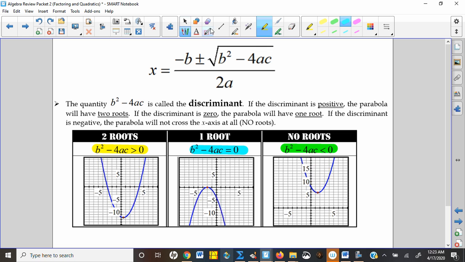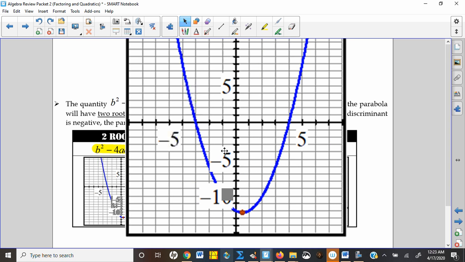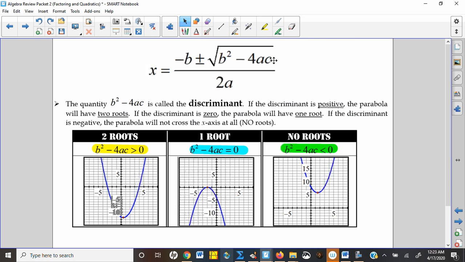Okay, so how does that impact what we're talking about here? Well, if it's positive, that means you're going to get a value that you're going to have to add and subtract as part of this formula. And so it's telling you that you have 2 different answers because it crosses the x-axis 2 different times.